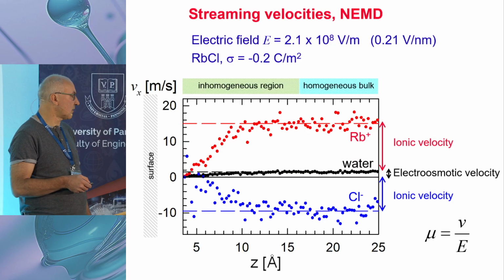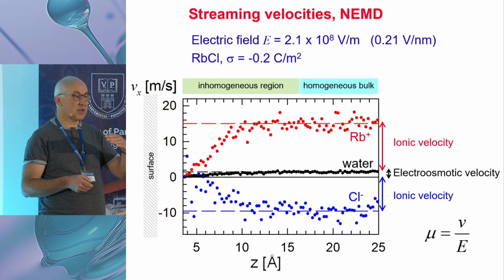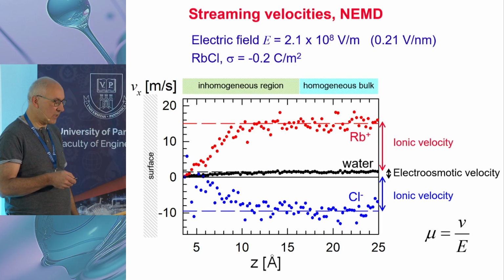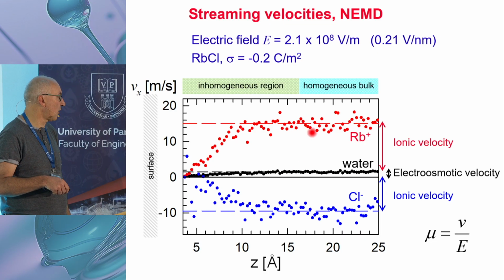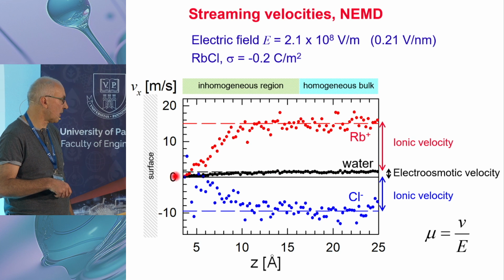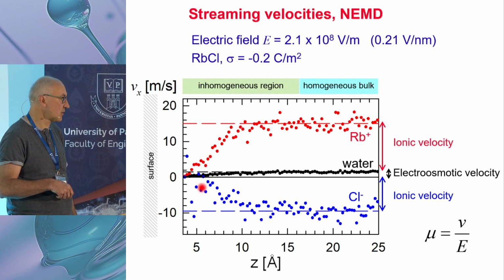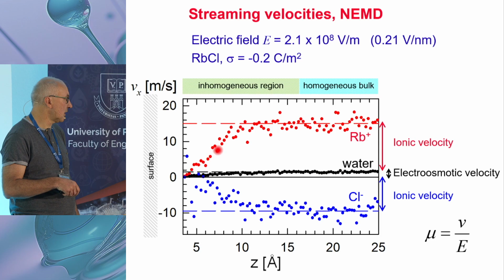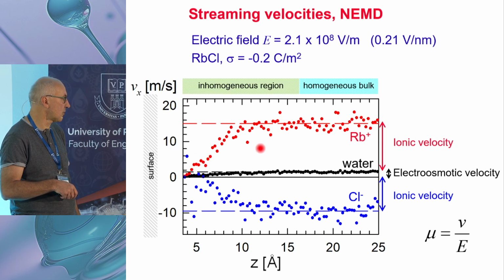We can measure not only the relative motion of the liquid far from the surface, but we can even look at what's the mobility of cations and anions and water as a function of distance from the interface. So very close to the surface, everything is adsorbed and immobile. Here you have this inhomogeneous region where the mobility of the ions as well as water relative to the surface builds up.